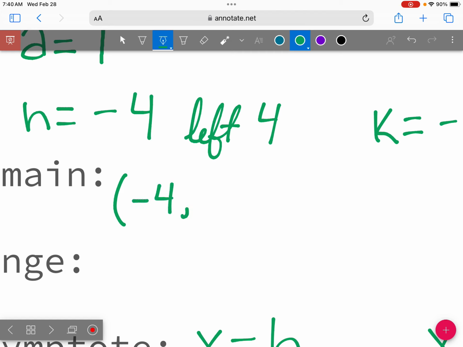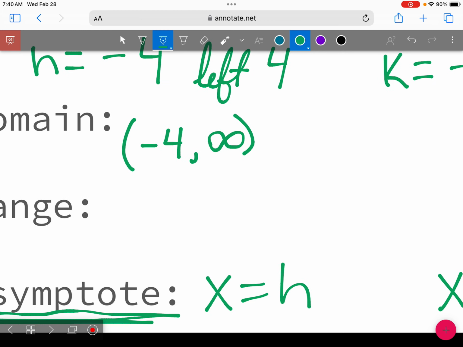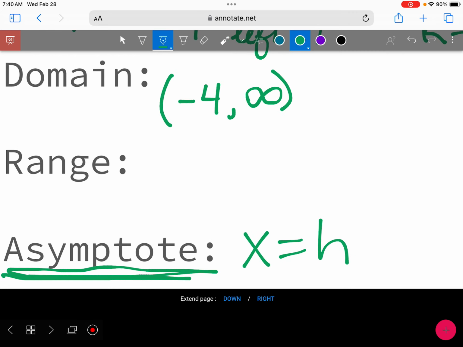-4 to infinity. Our domain will always involve our h in some way, shape, or form. In fact, it's almost always going to be h to infinity because we're not doing y reflections as far as I'm aware. How about our range? All real numbers, or negative infinity to positive infinity.